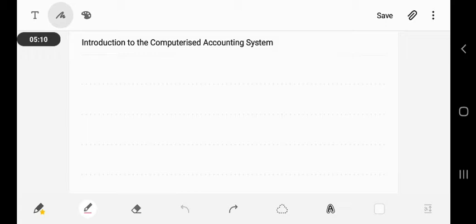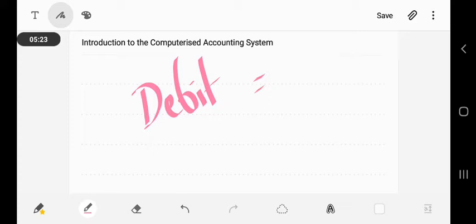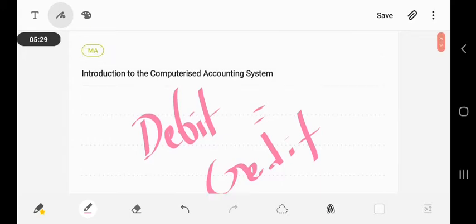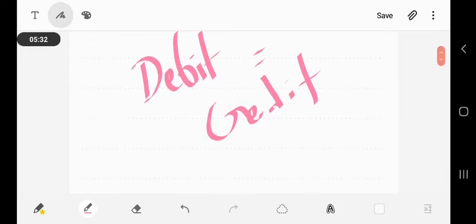The moment we enter the data into the computer, the computer checks whether debit is equal to credit. If there is a mismatch, that is, debit is not equal to credit, then it warns at that time itself.